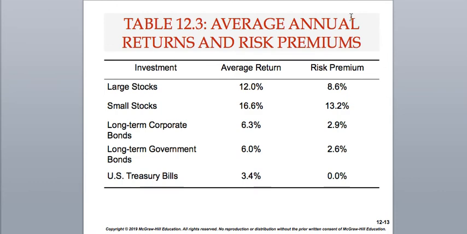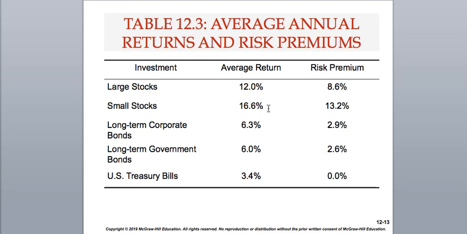So let's take a look at the average annual returns and risk premiums. So the first thing I want you to look at is the average return for Treasury bills. Remember, these are considered risk-free, and the risk premium would be anything over the risk-free rate. So for large stocks, the average return was 12%. So the risk premium would be 12 minus 3.4%.